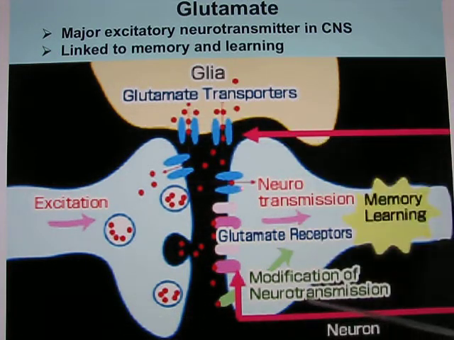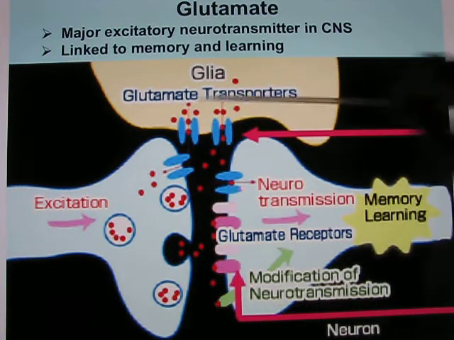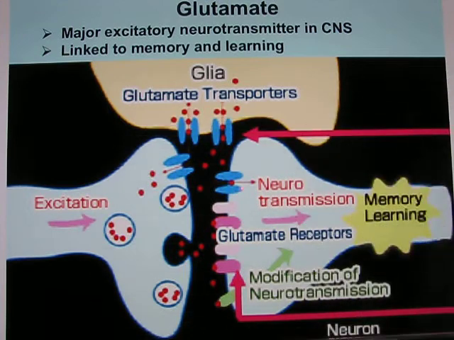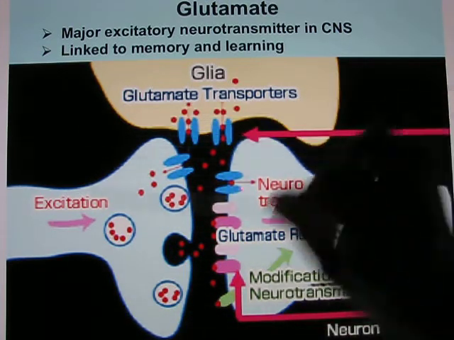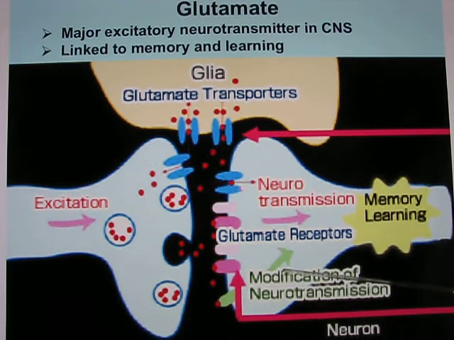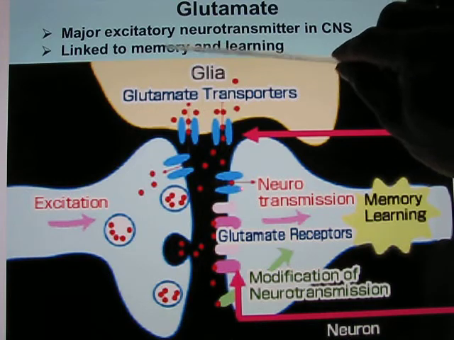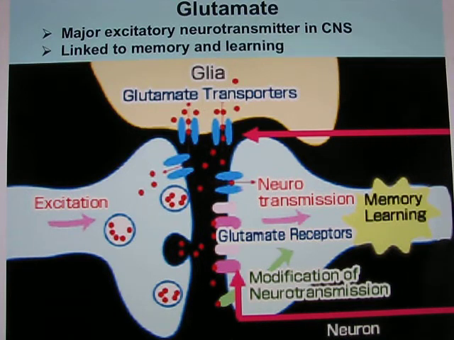So in neuroscience, they say neurons that fire together wire together. If you repeat this knowledge again and again, they're going to release a lot of glutamate, and this synapse stays there forever. So you still remember this knowledge. Repetition is the key for learning and memory, and the neurotransmitter is glutamate.